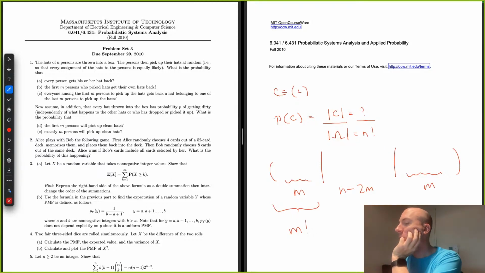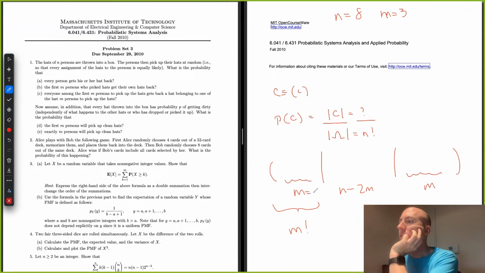So this is the total number of hats remaining, but we can only choose, I don't know, let's do a concrete example. Let's say n is equal to 7 and m is equal to, maybe let's do 8 and 3.